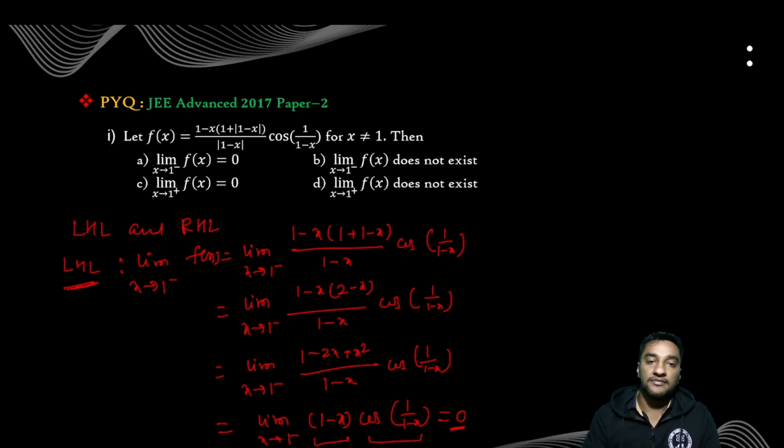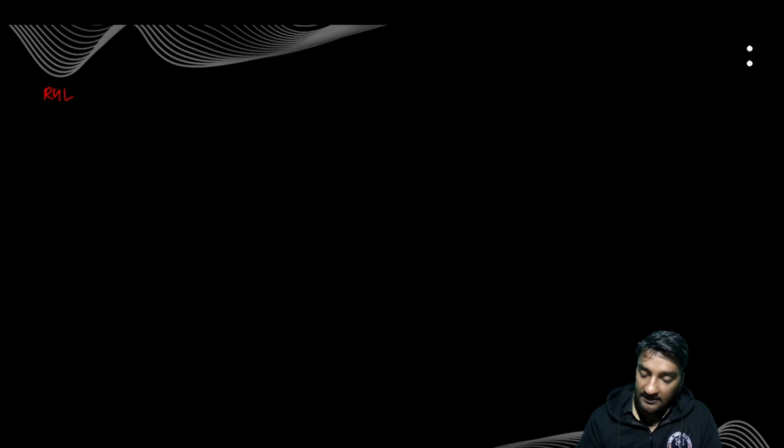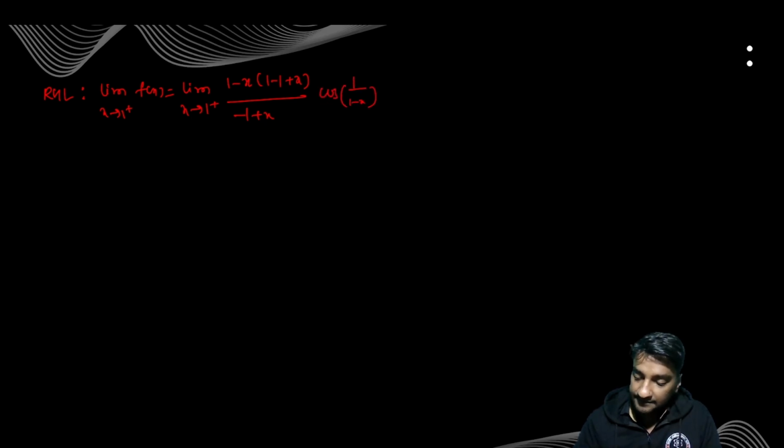Okay, so next we'll calculate RHL. So limit x tends to 1 plus f(x) equals limit x tends to 1 plus (1 minus x), (1 minus 1 plus x) upon (minus 1 plus x) cos of 1 by (1 minus x). So this one is cancelled. Therefore we have limit x tends to 1 plus (1 minus x) square by (minus 1 plus x), this is cos of 1 by (1 minus x).